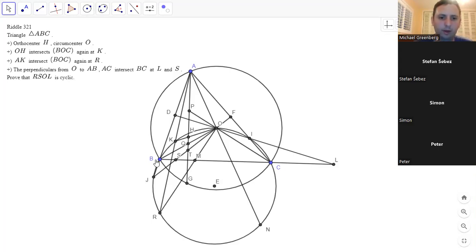Okay, so just to recap, we wanted to show BCIO equals BCJR. Then we project through A, and we get BIJK.